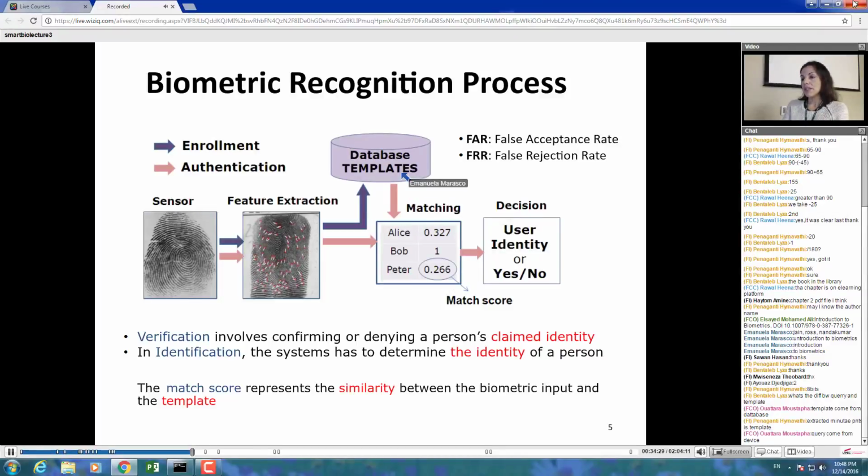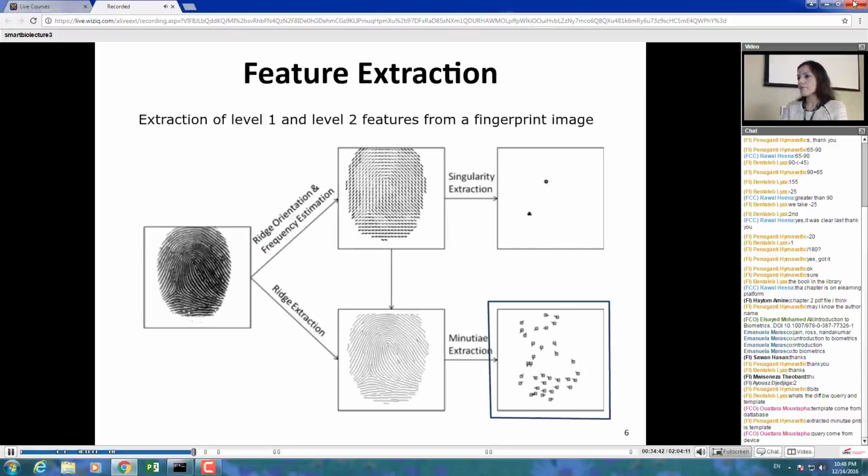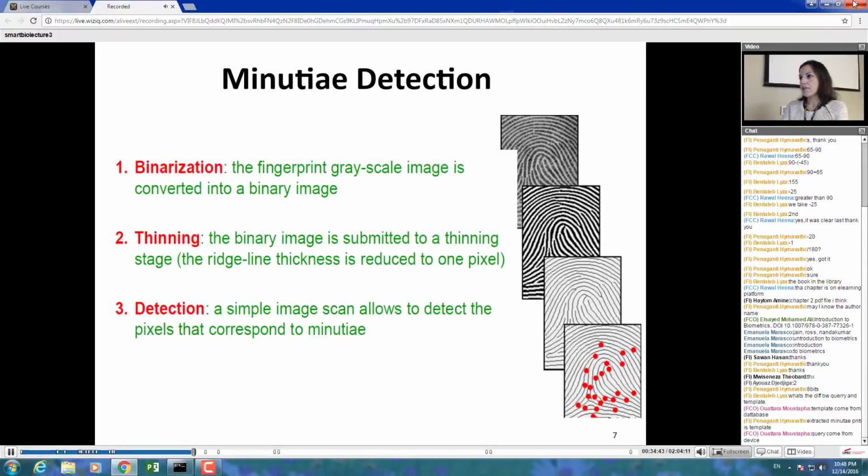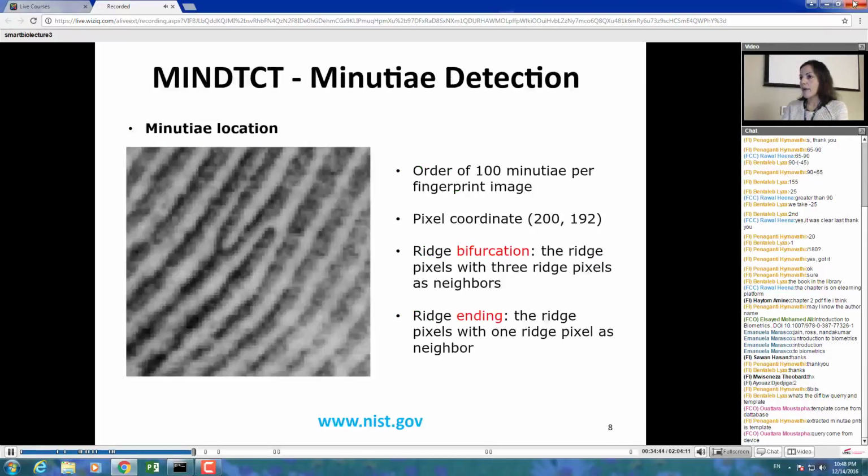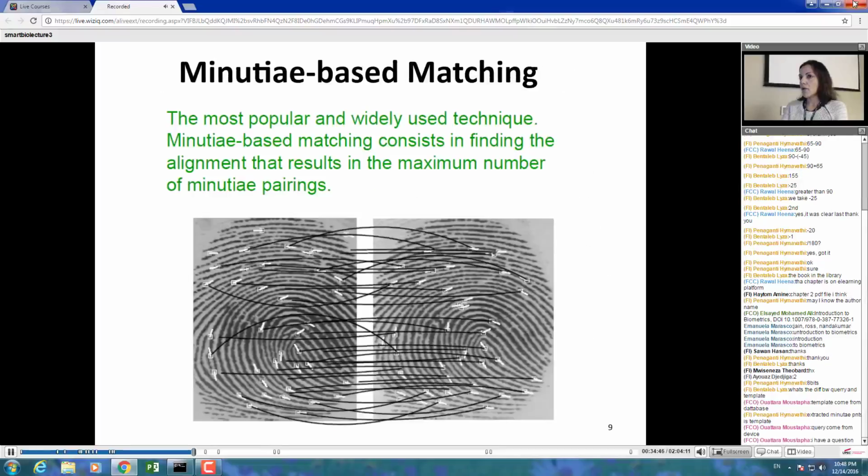Right? So the truth versus the real-time information. And then the system will answer yes or no. So these are the two different moments of query and template.